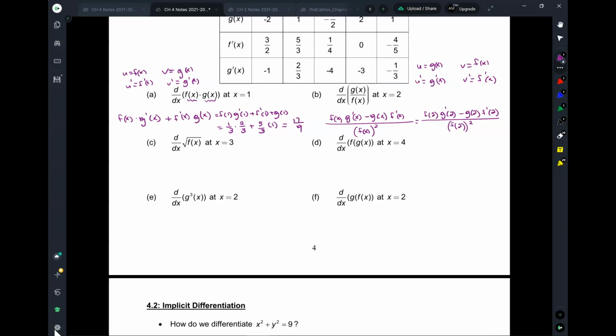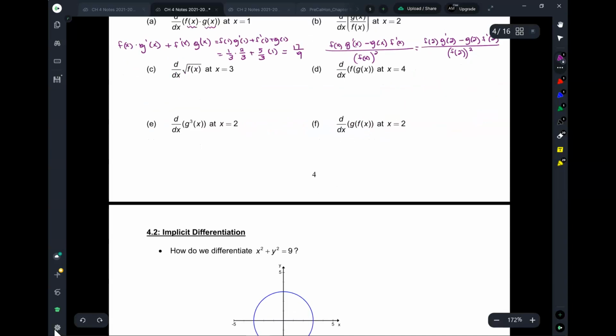Okay, look at the next one. You have the square root of f of x. Always write that as f of x to the half. So we have to find here d dx of f of x to the half. So the half comes down, and I'm going to have times f of x to the power of negative a half. Times, this is chain rule, the derivative of the inside, f prime of x.